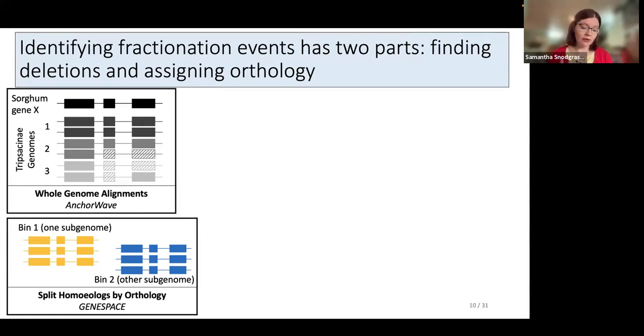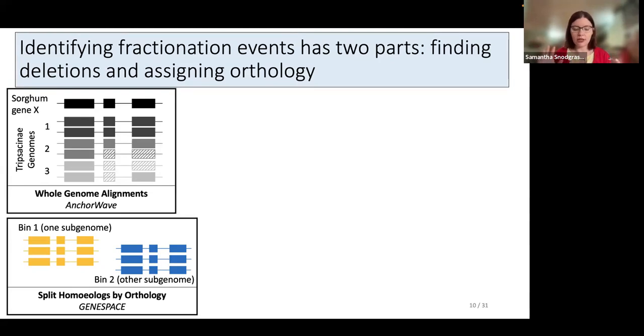Because we don't have that for this whole genome duplication event, we have to split these homologs into subgenome identity by orthology and synteny.